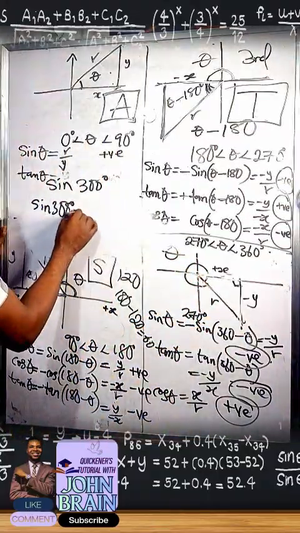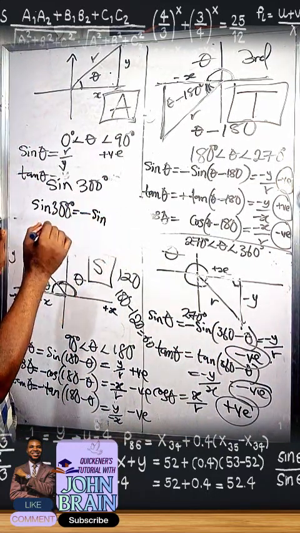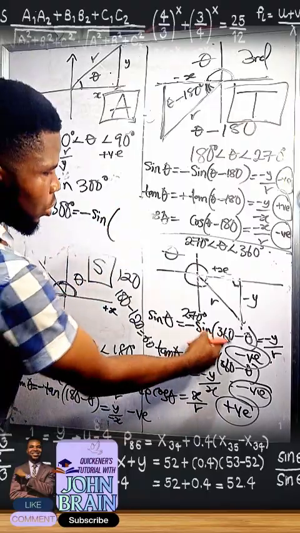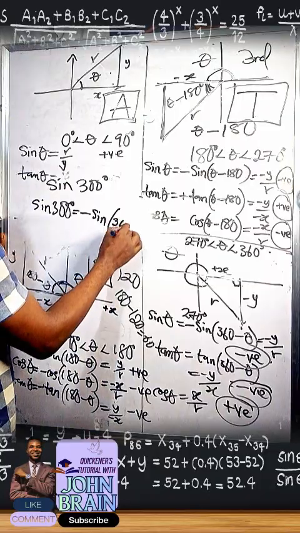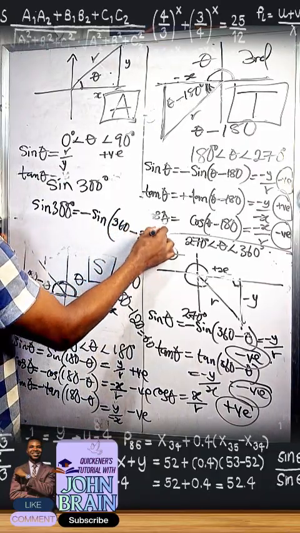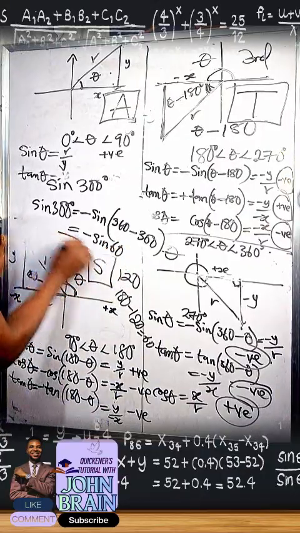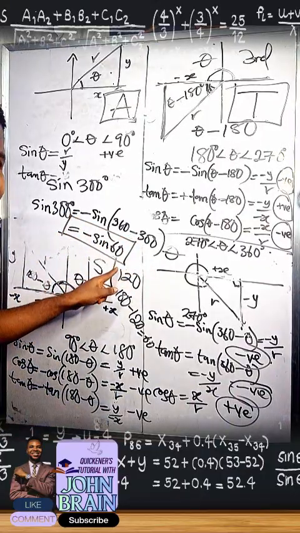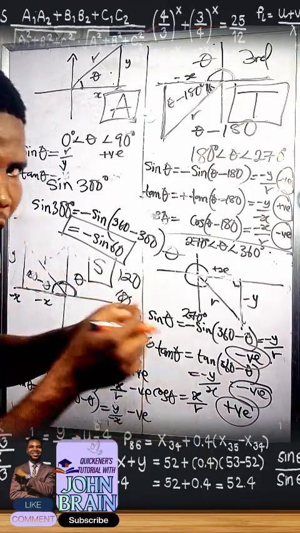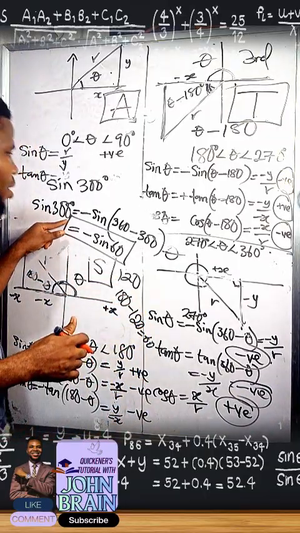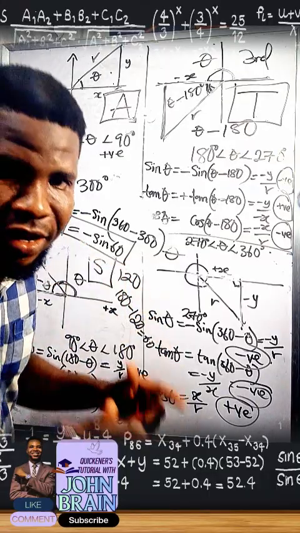So sine 300 degrees is equal to minus sine of the reduced angle. You reduce it by saying 360 degrees minus theta, so 360 degrees minus 300 is 60. That is minus sine 60 degrees, which is the same thing as sine 300. If you want to confirm that, use your calculator and press sine 300. The answer is the same as for minus sine 60 degrees.